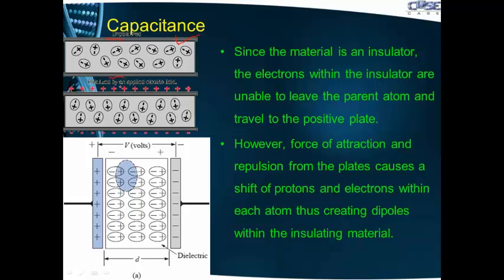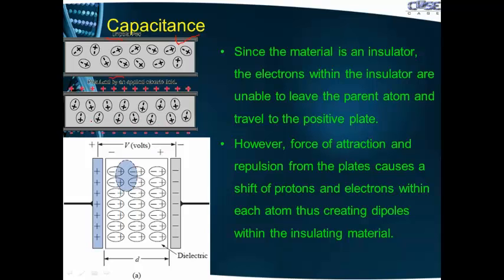But when we apply an electric field across the insulator, then within the insulator the atoms are aligned in such a way that the electrons are attracted by the positive plate, and protons are attracted by the negative plate, and they start aligning.